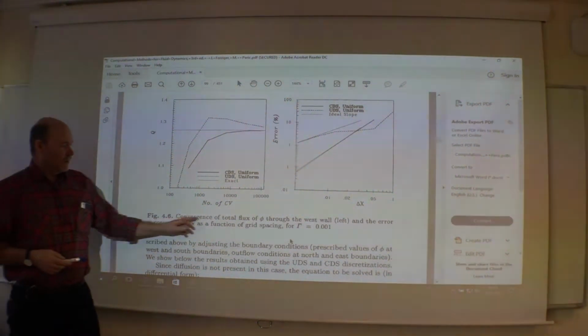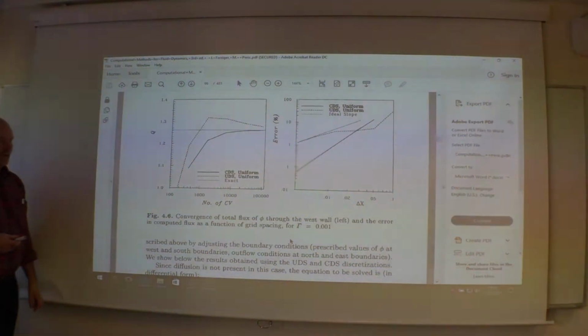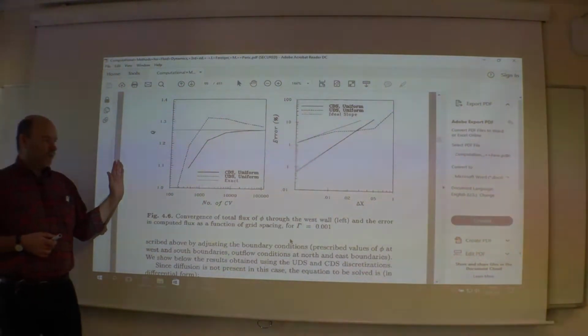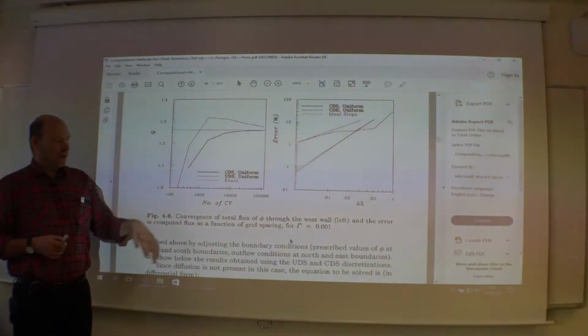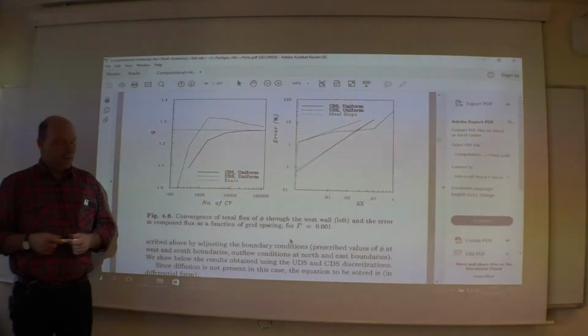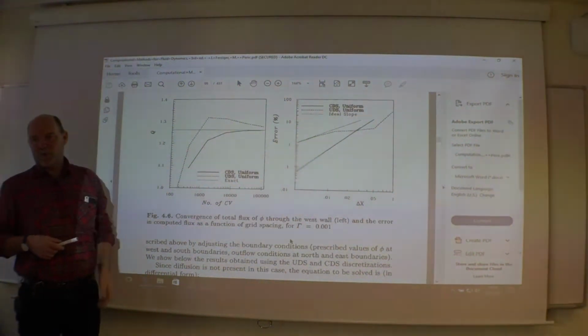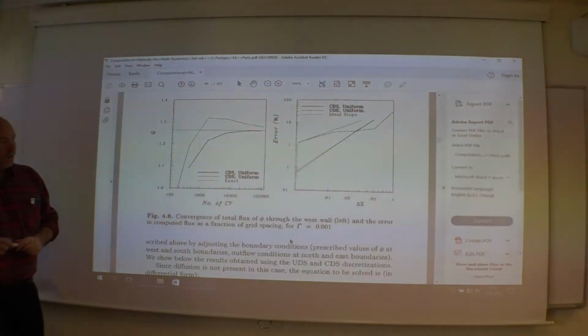So here, the total flux, maybe it's not the best example actually, to diffuse something through a solid wall. But you'll see it better in the next example. But yeah, I can agree with you. It should be diffusive, hence this one should be going that way. Yeah, that would be more natural. I agree, but it doesn't. But that's just for this example.